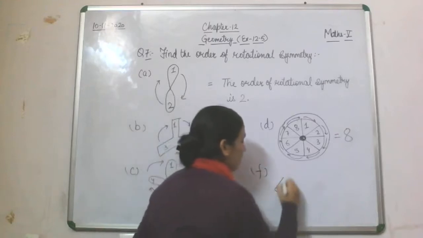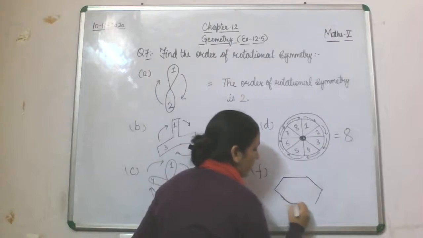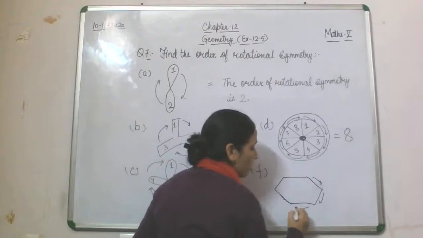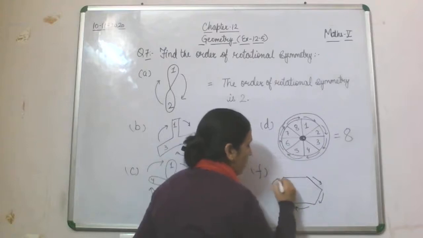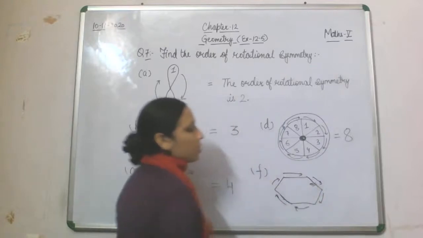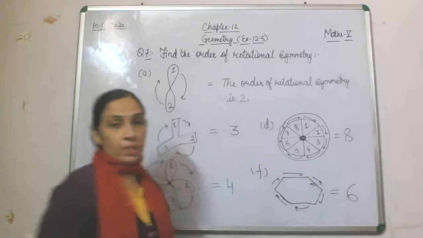Hexagon has 6 sides, and this hexagon needs to move 6 times. 1, 2, 3, 4, 5 and 6. Then only will it come to the original position. So here the order of rotational symmetry will become 6.